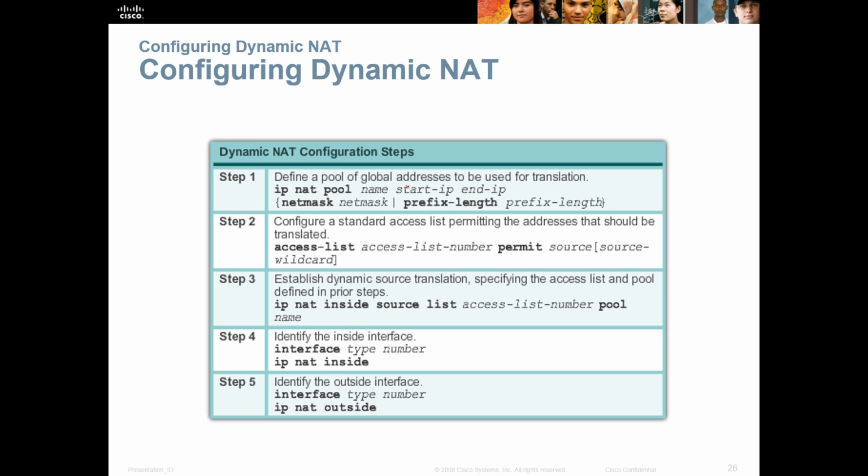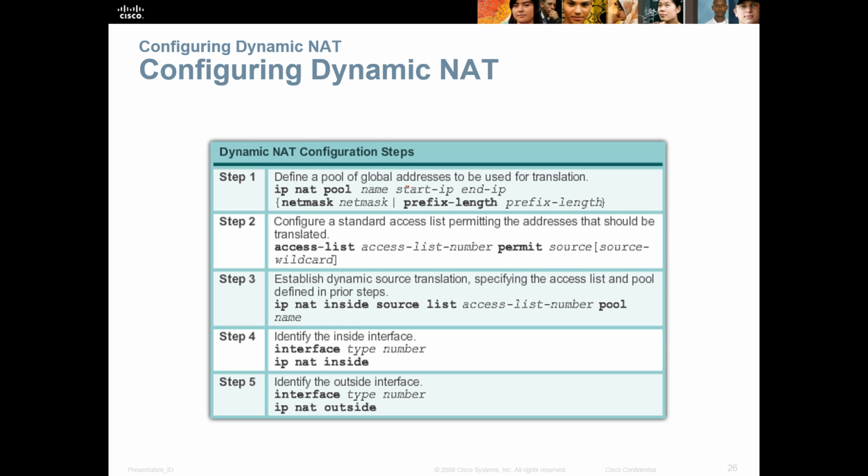For basic configuration for dynamic NAT, define a pool, and for that you'll do IP NAT pool, the name, the start and end range, and the mask or prefix length. You'll configure an ACL permitting the addresses that should be translated.